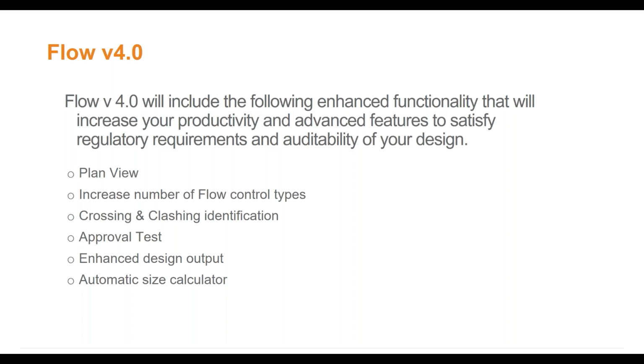We know that sometimes approval authorities feel that a PDF is better. And then we've also got this automatic size calculator, which again is a really powerful tool to help streamline and make things more efficient.